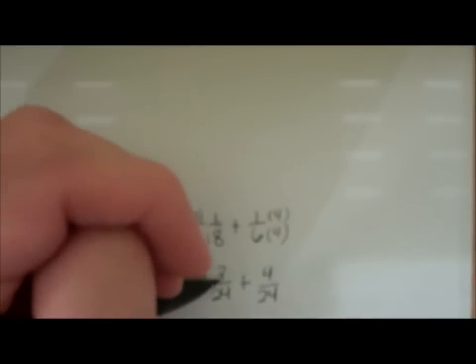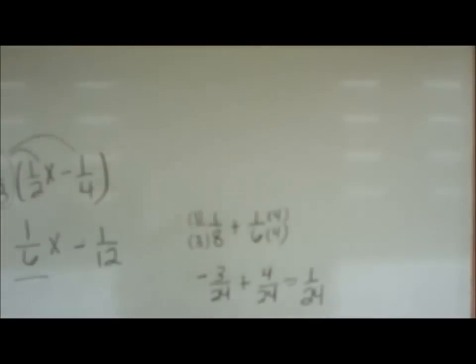So 3 times 1, that's negative 3 because I have that negative sign. 3 times 8, 24. Plus 1 times 4, 4. 6 times 4, 24. Now if I add negative 3 over 24 plus 4 over 24, I end up with 1 over 24.